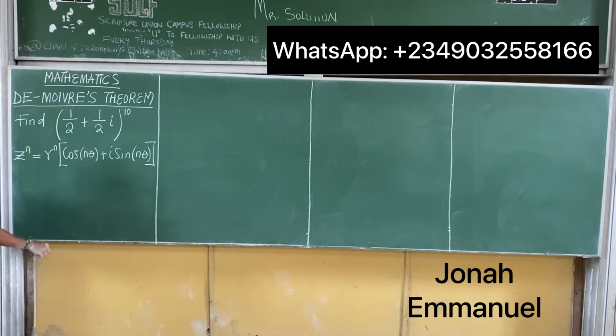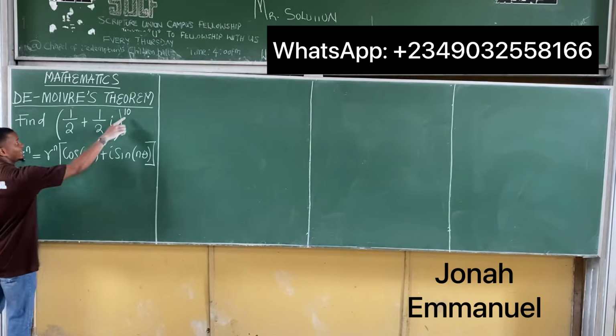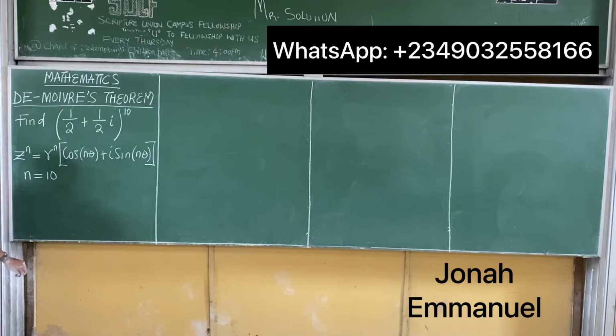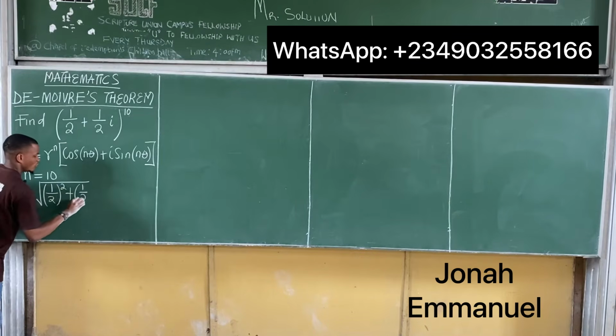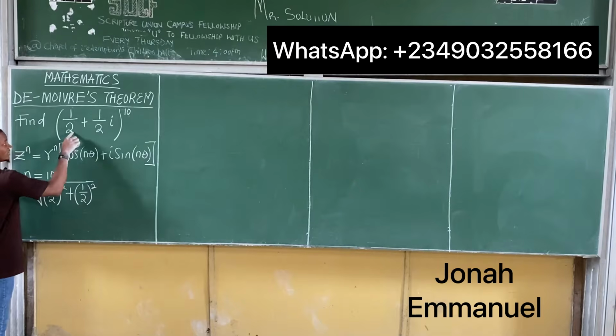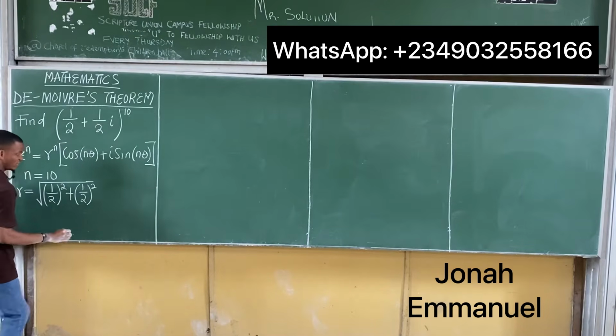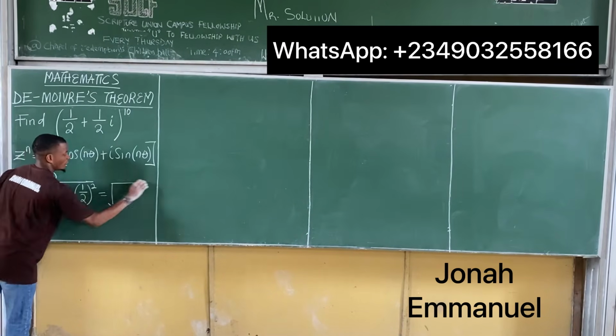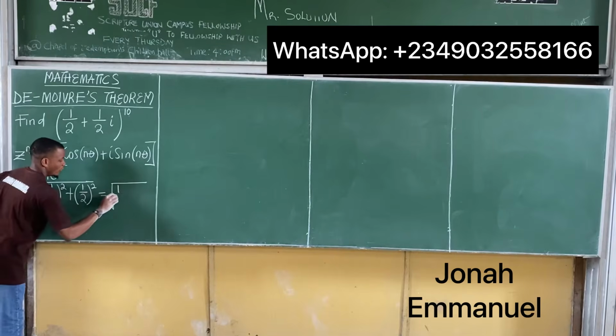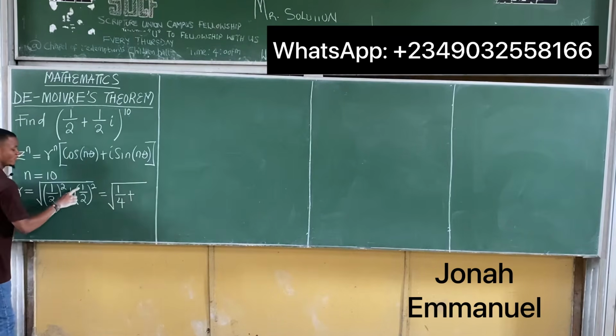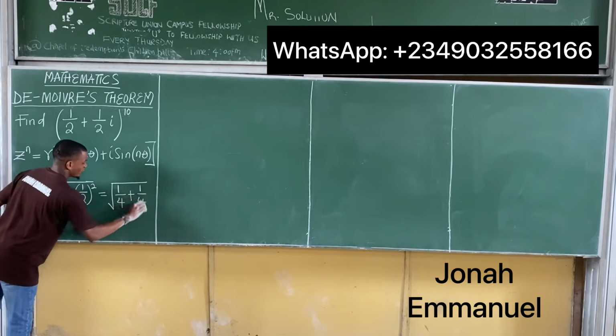All right, so if this is true, let's get n. Of course, n is equal to the power, that's 10. Let's get r. r will be equal to the modulus, the square root of 1 over 2 all squared plus 1 over 2 all squared. So that will be equal to the square root of 1 over 2 squared is 1 over 4 plus 1 over 2 squared is 1 over 4.